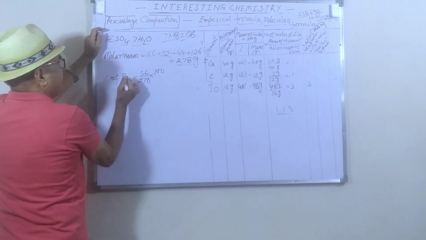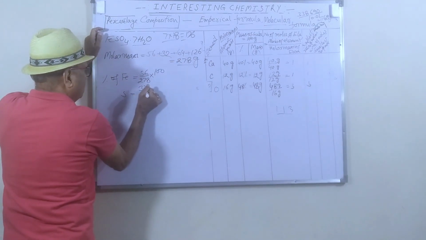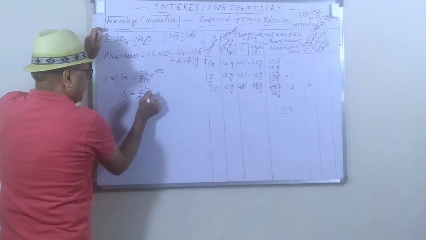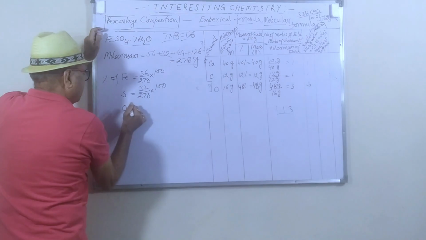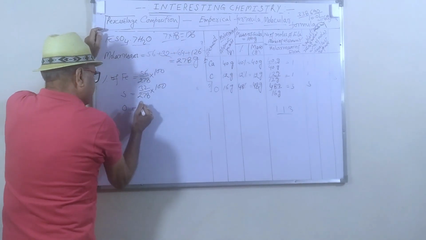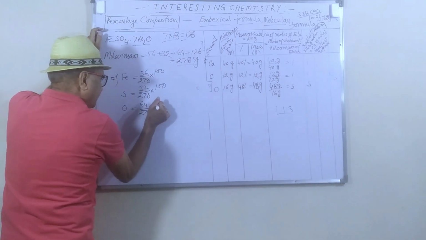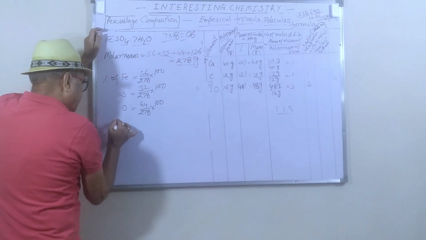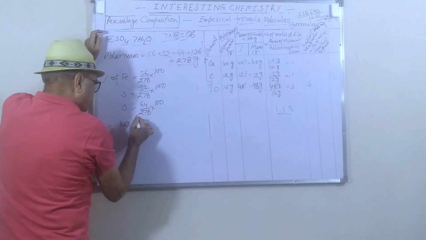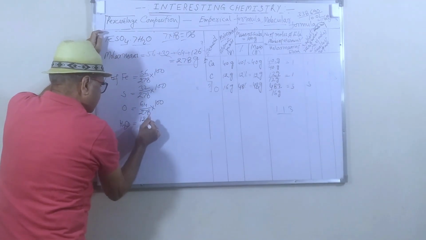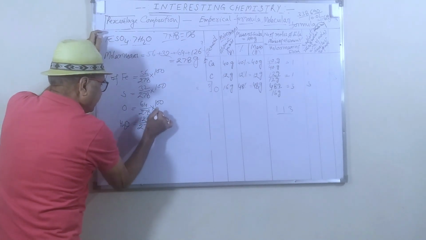This will be the percentage. The percentage of S is equal to 32 by 278 into 100, and the percentage of O is equal to 64 by 278 into 100, and the percentage of H2O, the crystalline water, is equal to 126 upon 278 into 100.